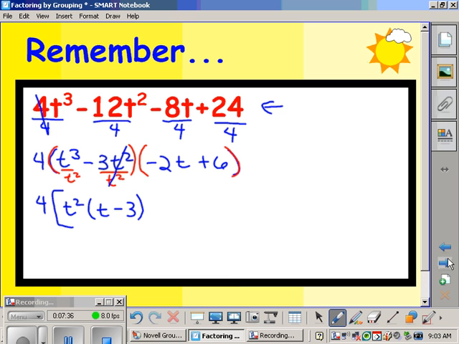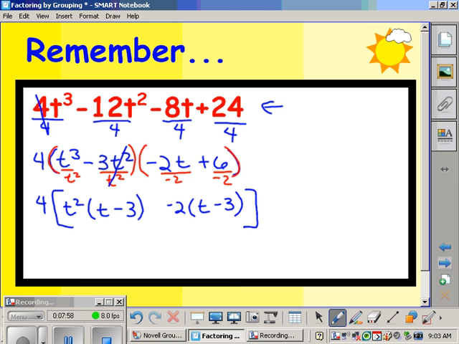If we then move over to the second set of parentheses, you can factor out a negative 2 from those. So if you bring out a negative 2, you'll have t minus 3 for the second. Now, the biggest problem with this is knowing if you factor out a negative 2 or a positive 2.